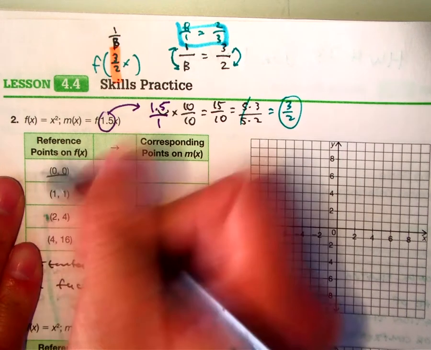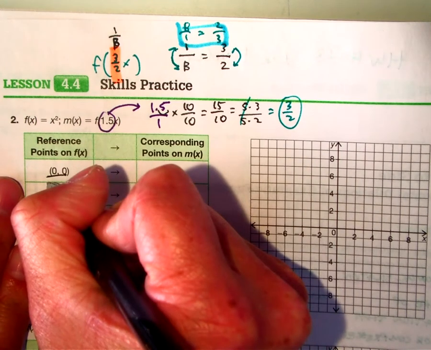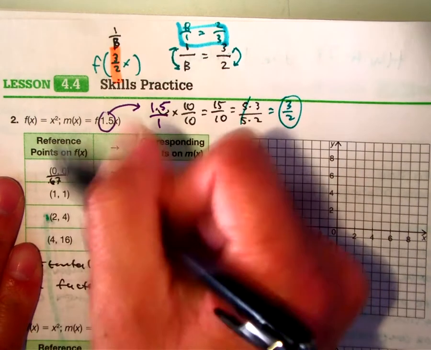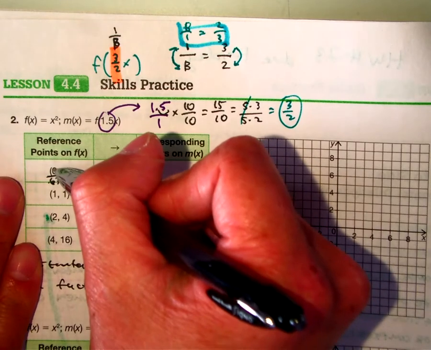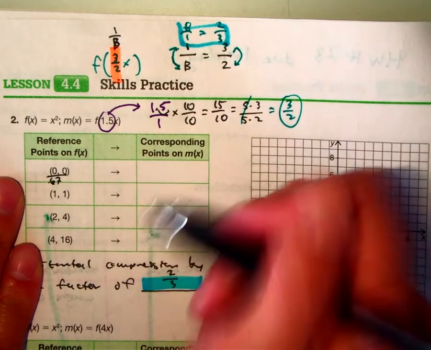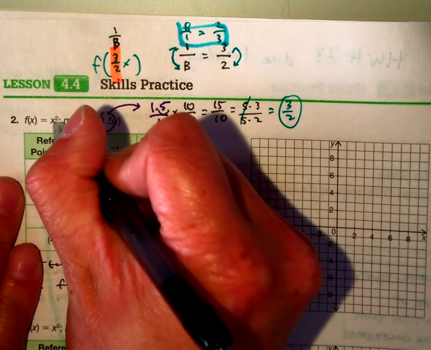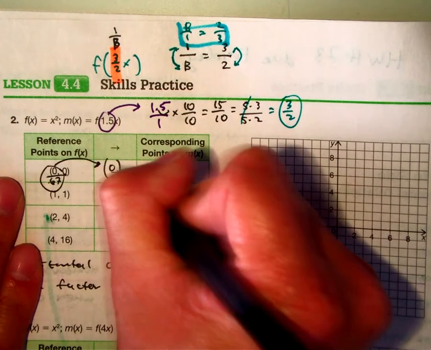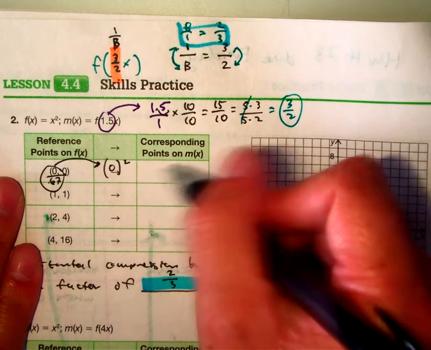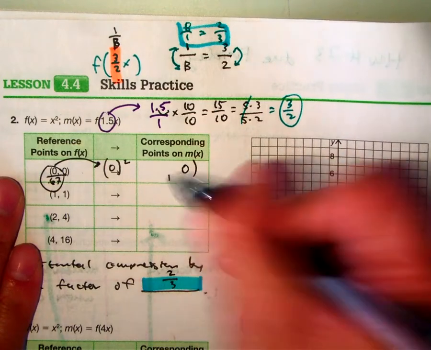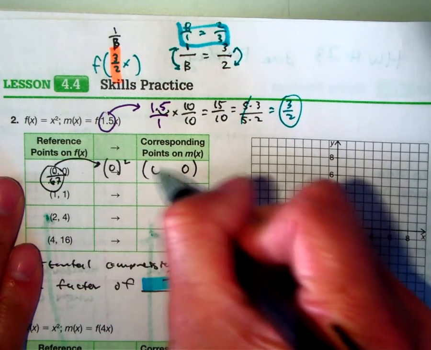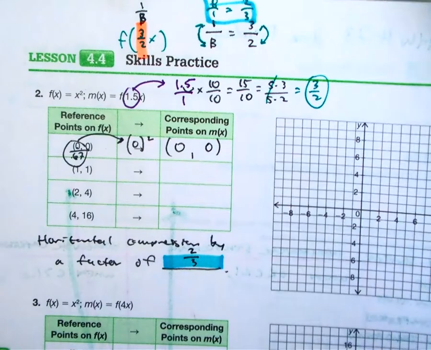You can also think of it as 0.67. Zero divided by 0.67 is 0. So I take that value, right? And the parent function says to square it. So 0 squared is equal to 0, my output. My input was the x value. So 0, 0 is still my coordinate.